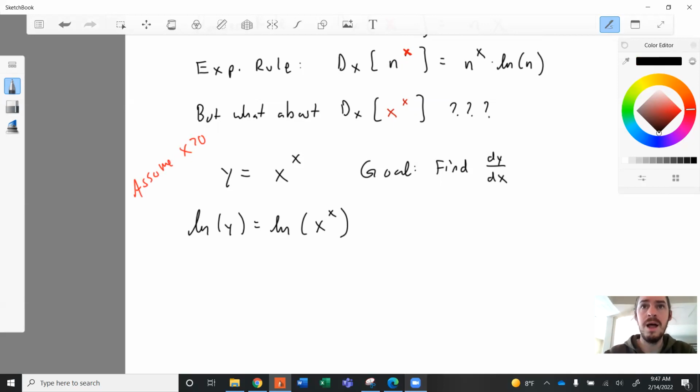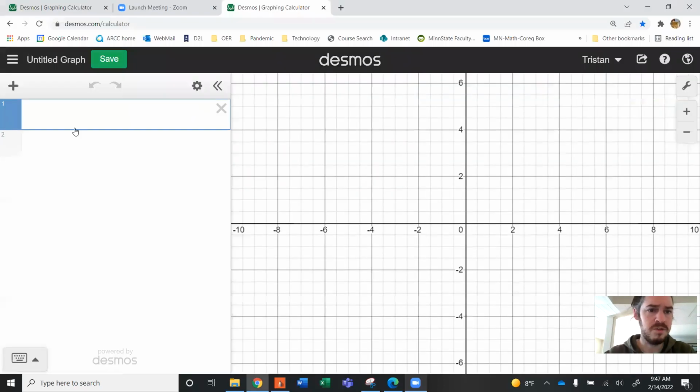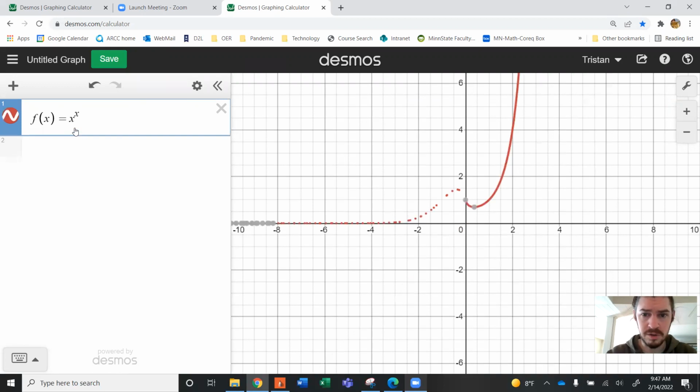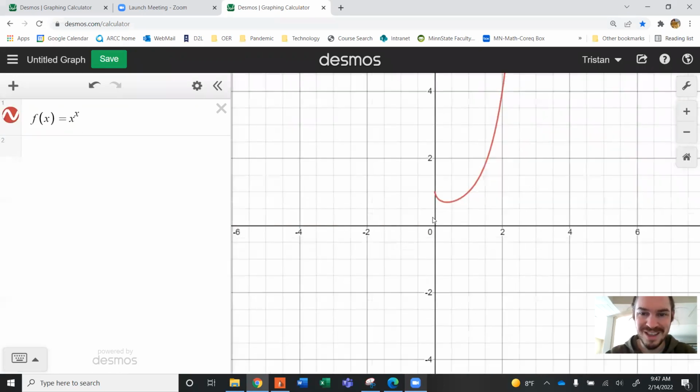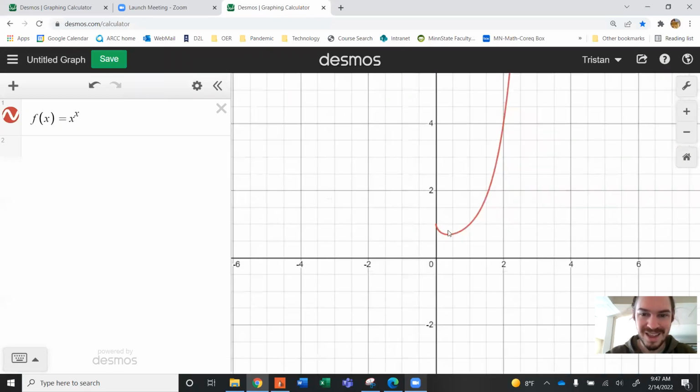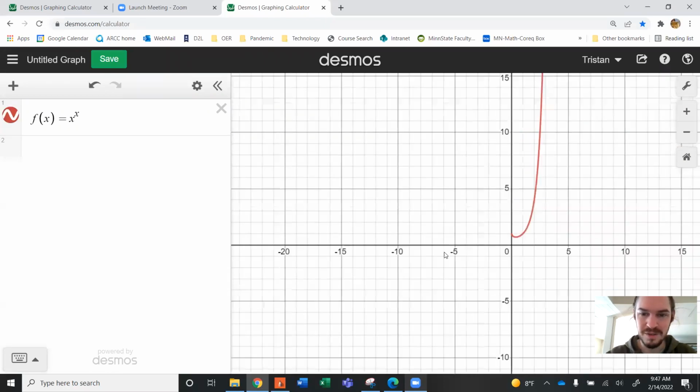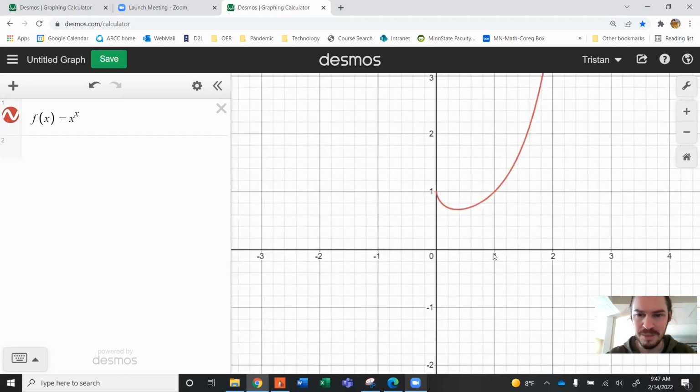Okay. I'll just show you real quick on Desmos here what this function looks like, just so you have a picture in your mind. x to the power x looks like this. Oh, it disappeared. It was graphing some points on the left side. It just got pretty confused.